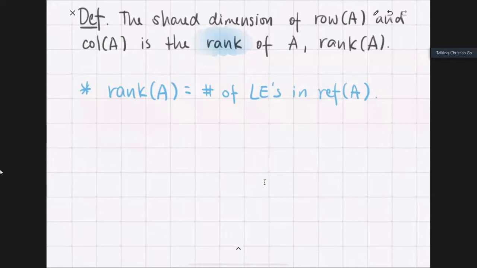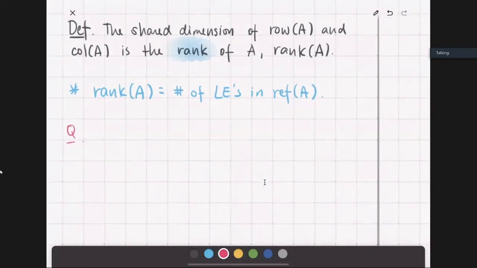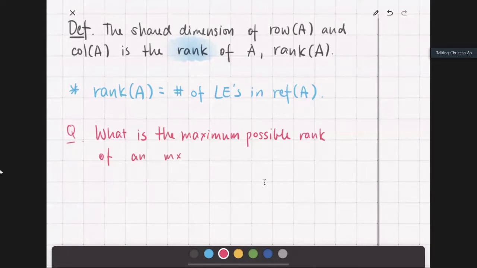All right. So here's a question. What is the maximum possible rank? What is the largest possible rank of an m by n matrix?